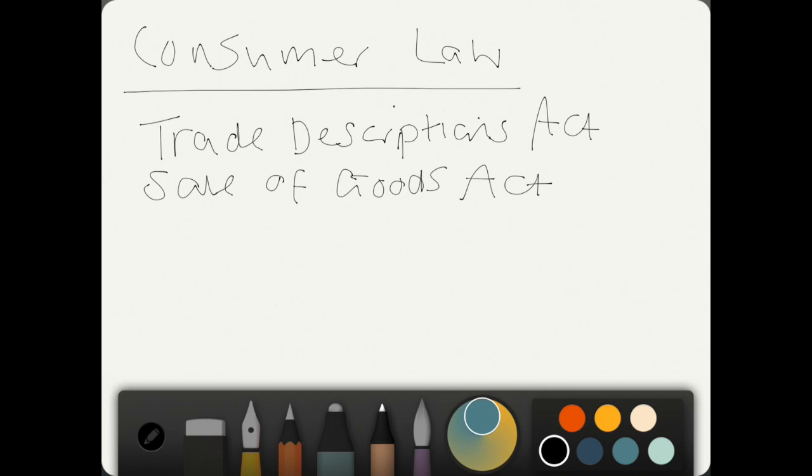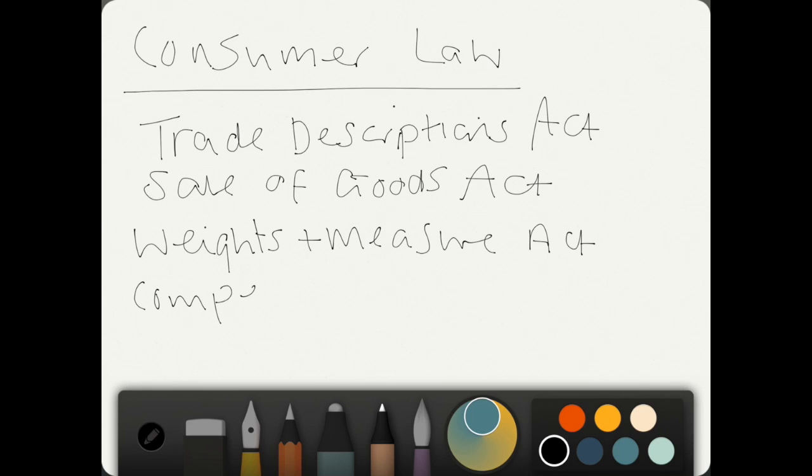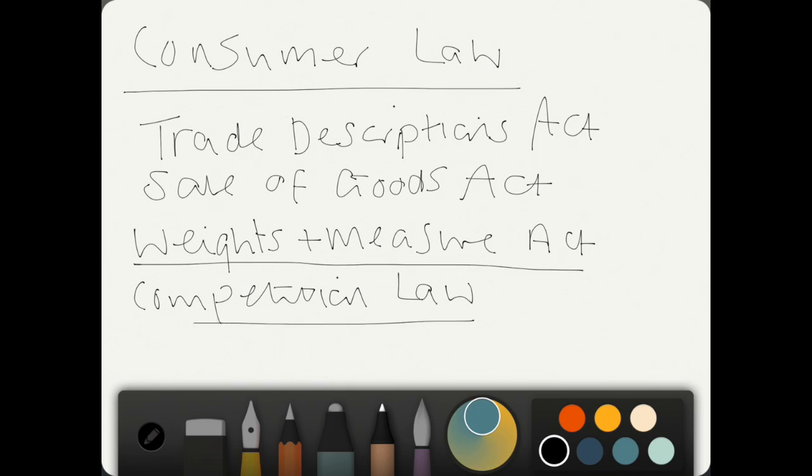Additional laws that you could become familiar with are the Weights and Measures Act. So therefore, if you go and you order a pint, then a pint is exactly the amount that you should receive. There's also competition law. Now, as you know, as more and more businesses maybe take over their competition, it allows them to increase the price, because as consumers we can't go anywhere else to buy that product.